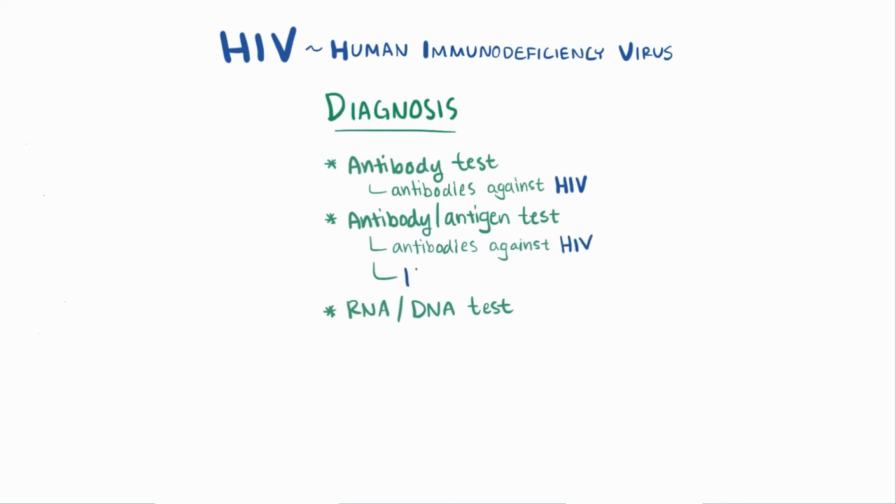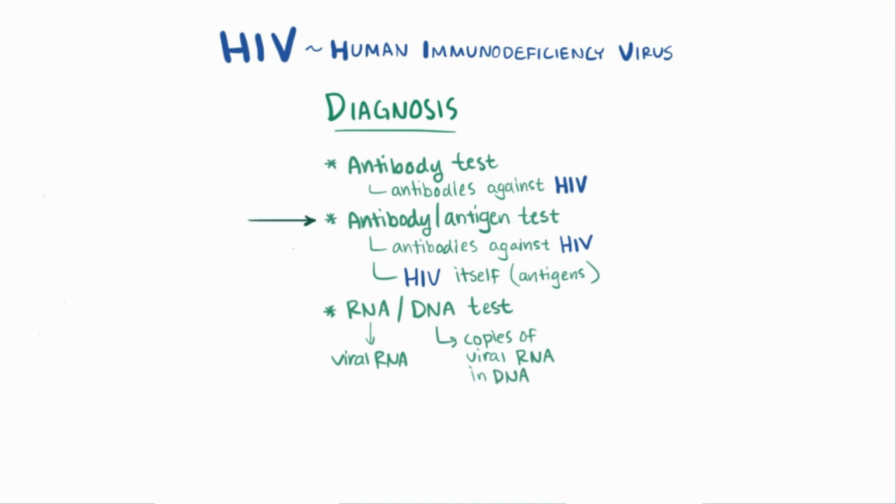So antibody antigen tests detect both antibodies to the virus as well as the virus itself. RNA tests screen for viral RNA, so they also detect the virus directly, and the DNA tests look for copies of viral RNA, since remember it's a retrovirus, so it copies its genetic material.